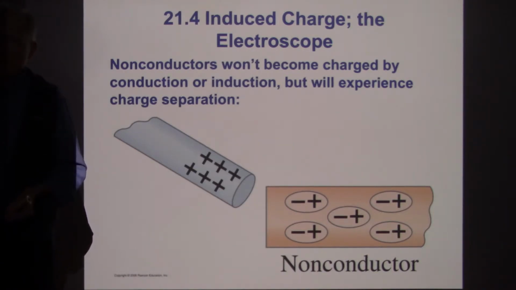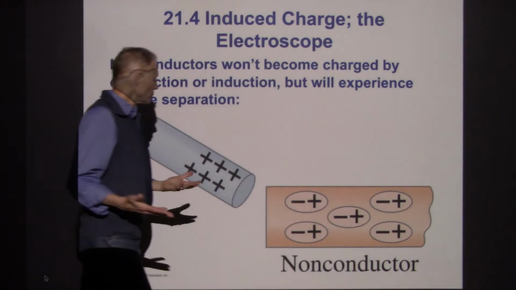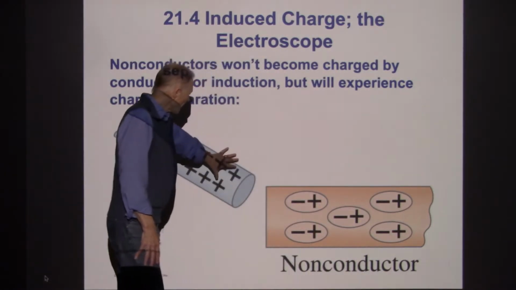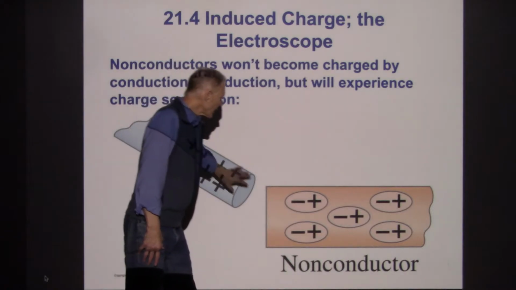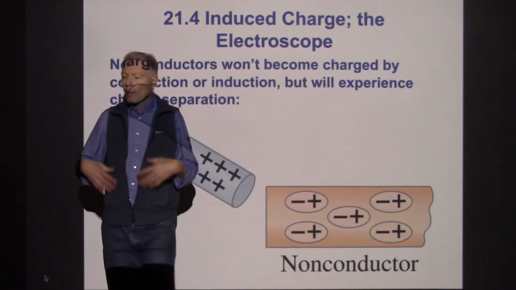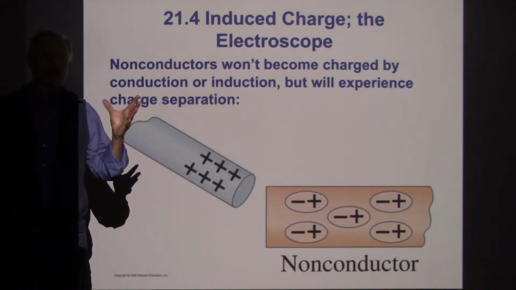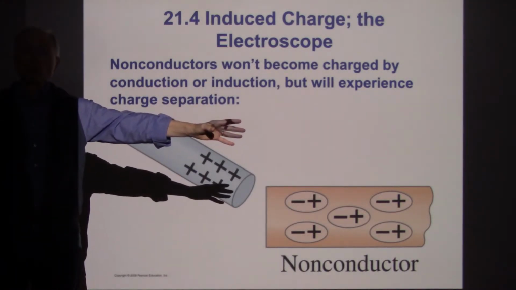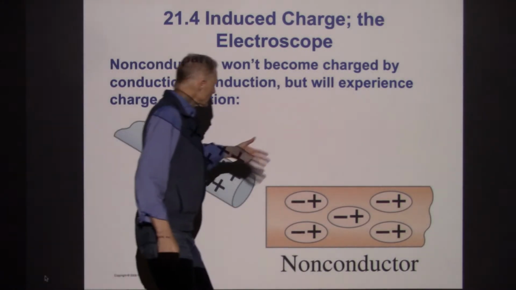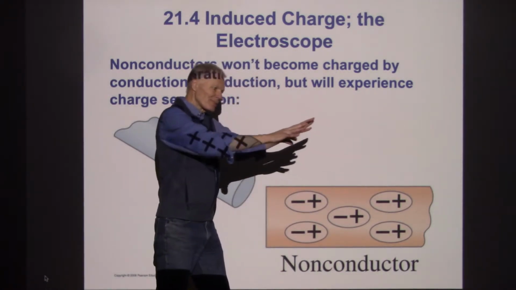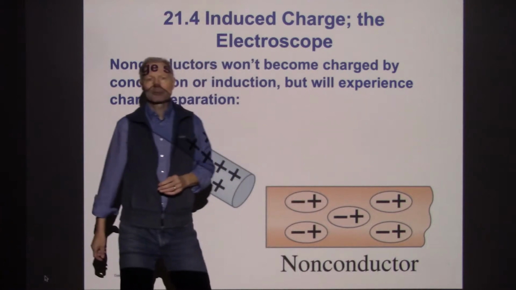But that's not true. So when we look at even materials that are insulating, things that are non-conductors, the presence of external charges like this actually polarize the material. It's not that the electrons get up and move long distances, but there's a little bit of a shift. If this thing is positively charged, then all the electrons get pulled a little bit in that direction.